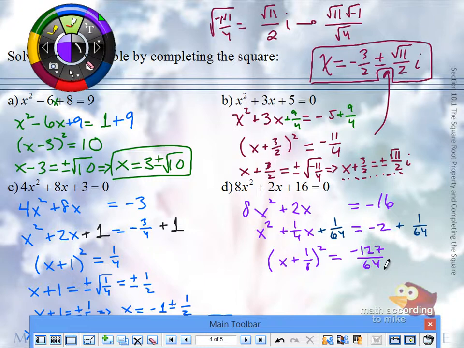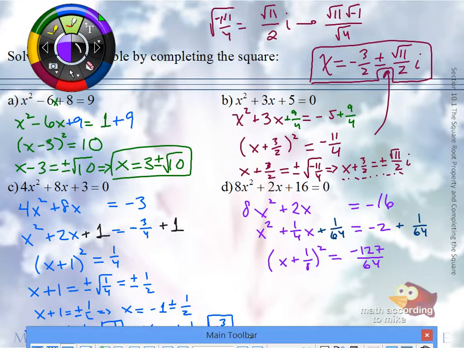Take the square root of both sides. I told you it was a good one. I ran out of room.